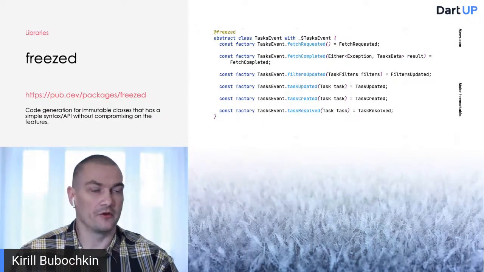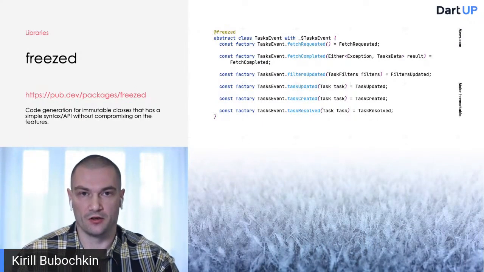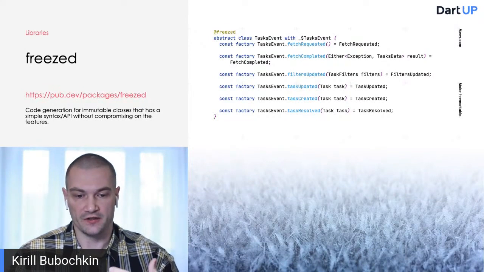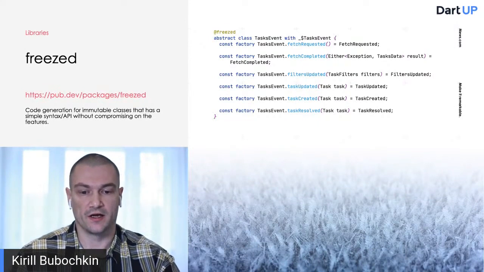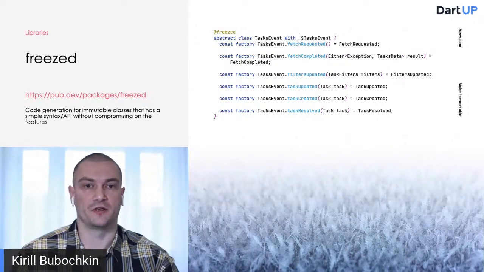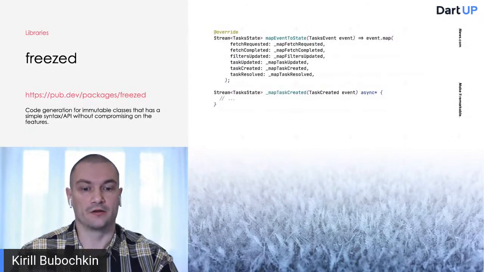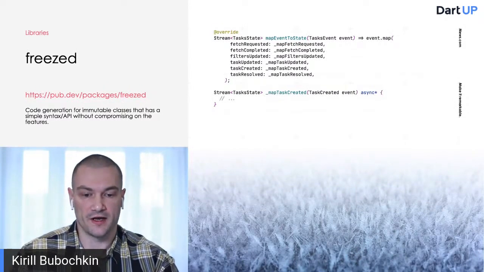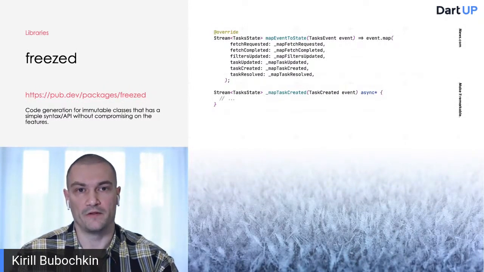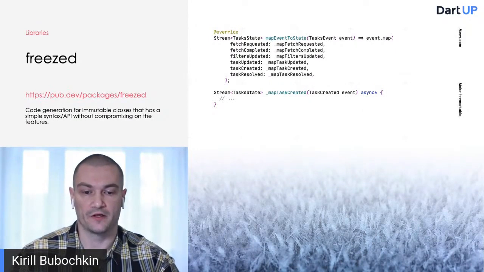So for example, this is how a typical BLoC event looks in our application. We just state that the tasks BLoC can receive one of these predefined event types. And later, inside the BLoC, we are mapping these events using the generated map methods.